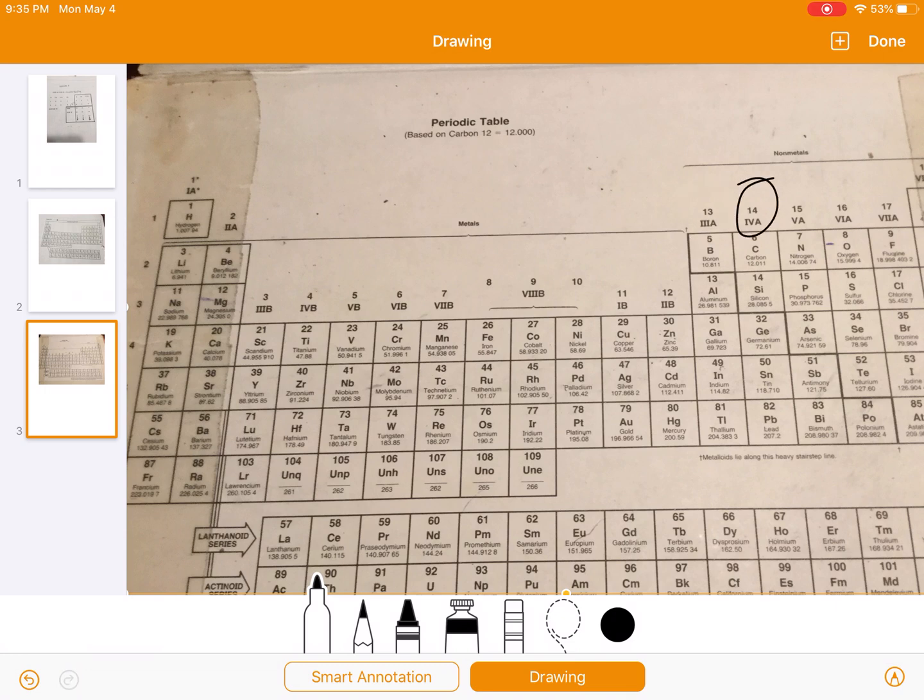Group 4A, 4 valence electrons. 5A, 5 valence electrons. For our purposes, we stay away pretty much from the transition metals because they're a little bit trickier. So when we're doing these problems, we're sticking with the major groups, all the A groups, and not the B groups.